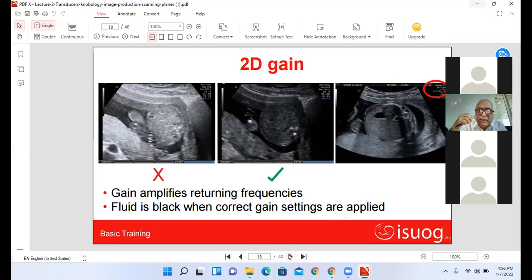Fluid is black when correct gain settings are applied. We have to be very cautious about using 2D gain, because otherwise the whole screen will look like a snowstorm. To have a very good resolution, this button is very important, but it gives us the brightness of the whole screen. Next slide, please.